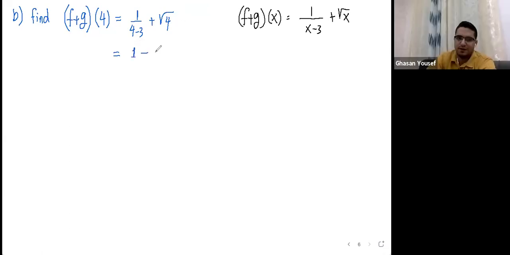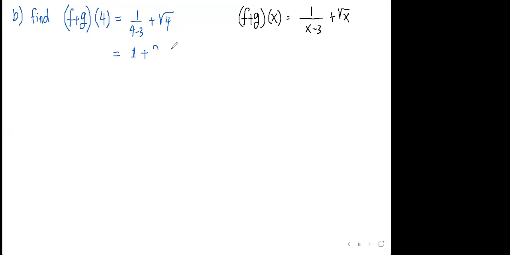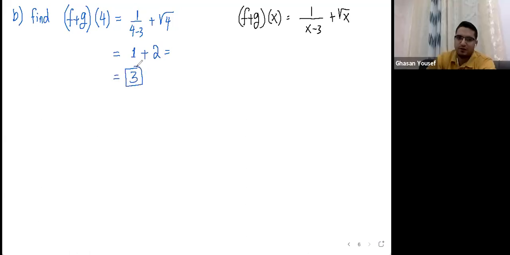The square root of 4 is 2. 1 plus 2 is 3. This is correct. You just have to plug the 4 inside this function, and you will get the answer. It's direct.